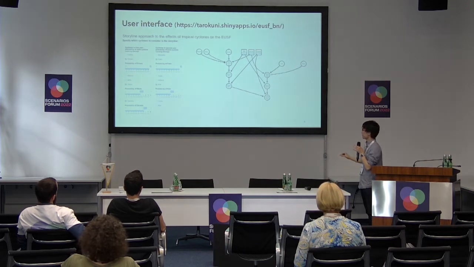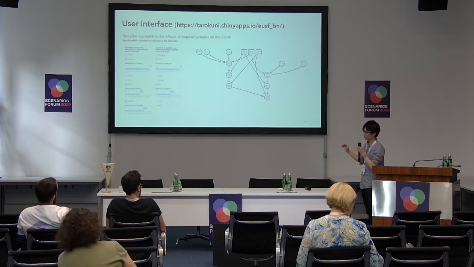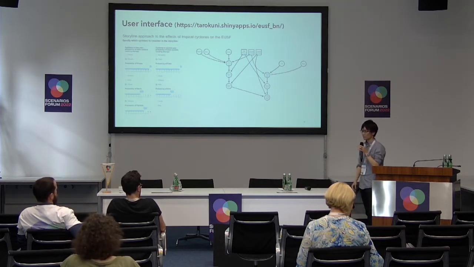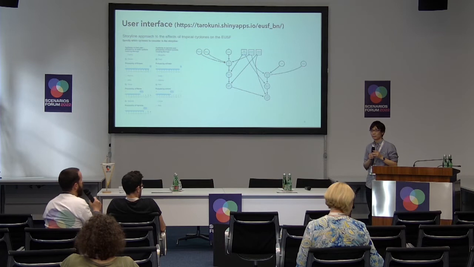But if you want to look at a more frequent situation in the future, you can choose more cyclones and look at the specific storyline that includes a larger number of cyclones. Okay, thank you.